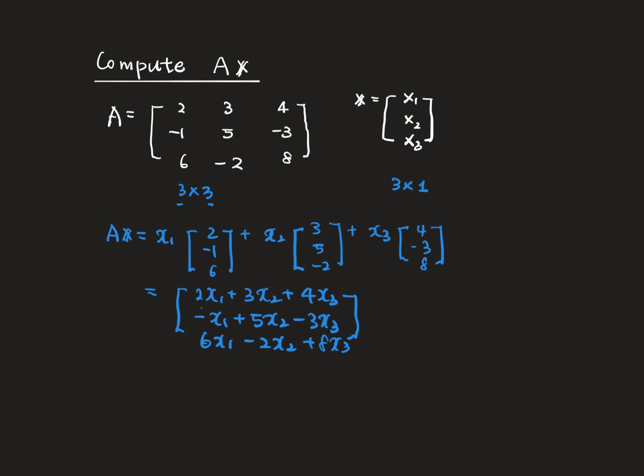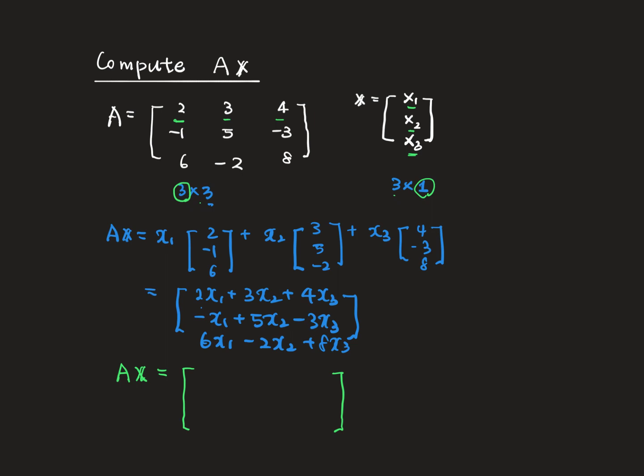Look at this one. How did you get 2x1, 3x2, 4x3? That's what you're going to do, guys, okay? You compute here: 3 times 3, that's the size of the matrix; 3 times 1, that's the size of the vector. So the outcome of the product of matrix and vector is going to be 3 times 1: 3 rows, 1 column.